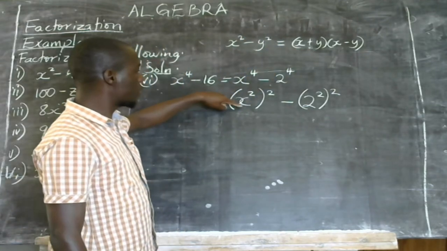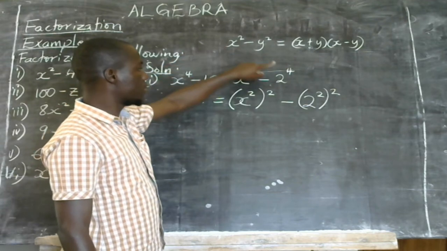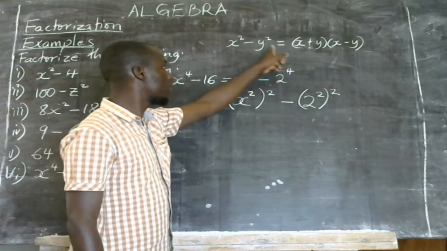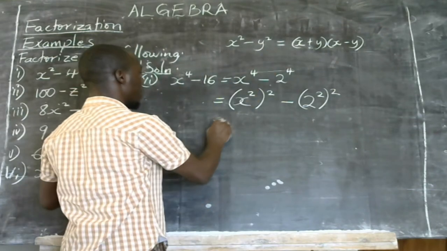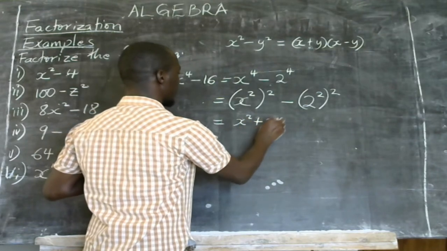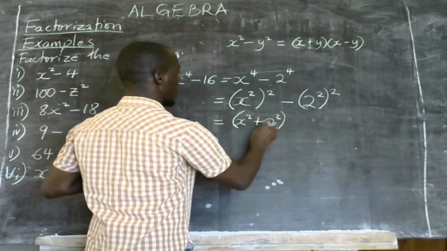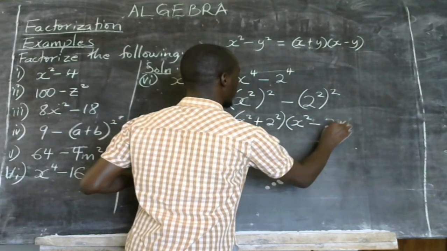So my x squared here is the x there, and my 2 squared is the y there. So when I substitute them there, I'll be having the x squared, then plus the 2 squared, then into the x squared, then minus the 2 squared.